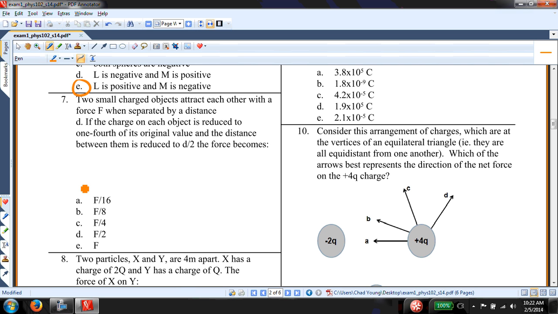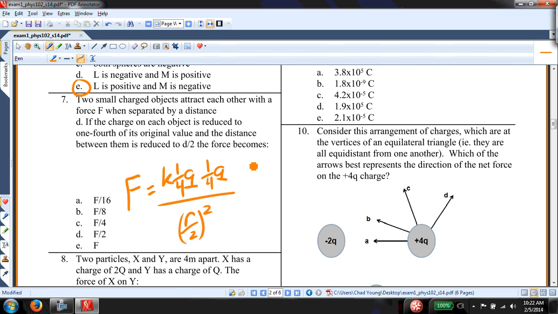Number 7, two small charged objects attract each other with a force F when separated by a distance d. You reduce the charge on each object to 1/4 of its original value, and the distance between them is reduced to half the distance. So we start with Coulomb's law. I am reducing the charge on both of these to 1/4 of its original value, so I get a quarter Q, and I'm reducing the distance by half, so I get a half there.